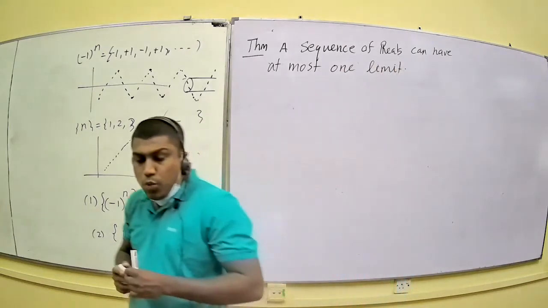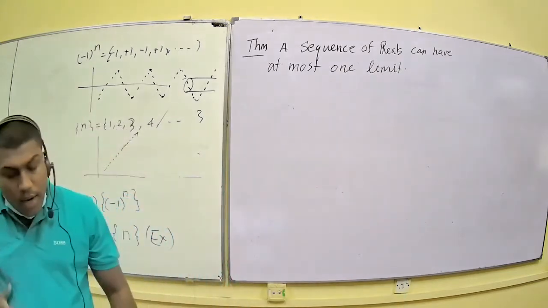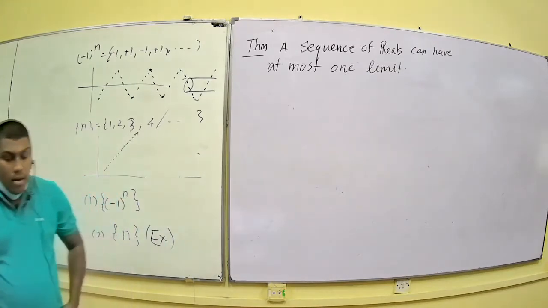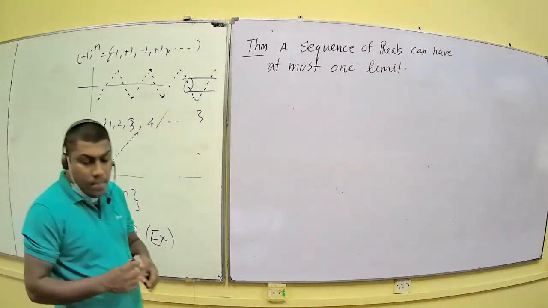If there is a limit, then there should be only one limit. You cannot have two limits for a sequence, right? So the proof is quite easy.